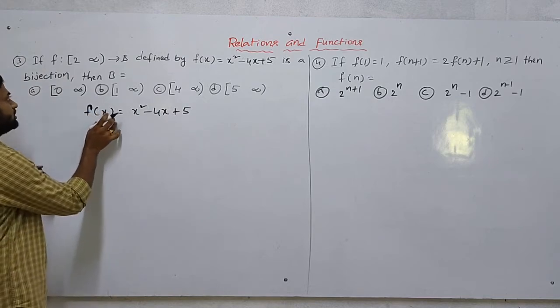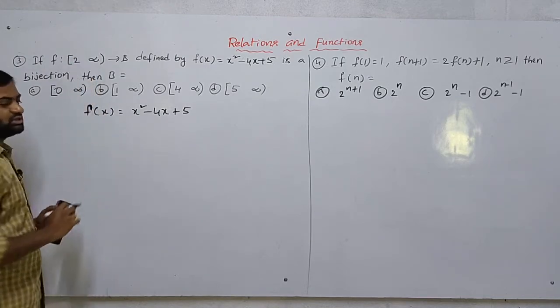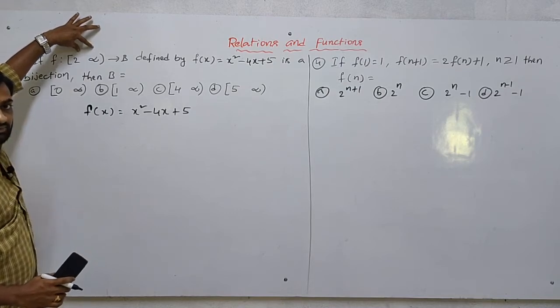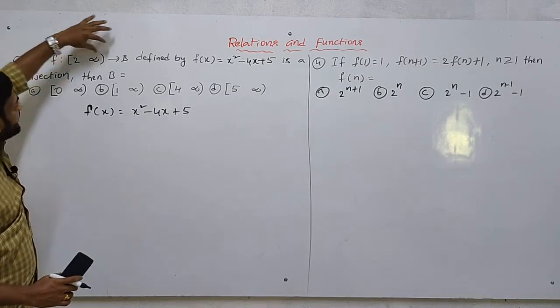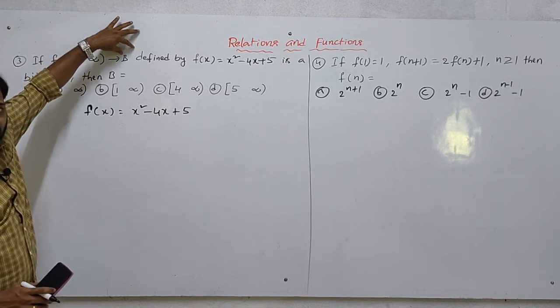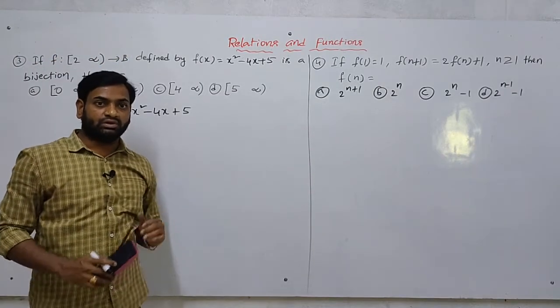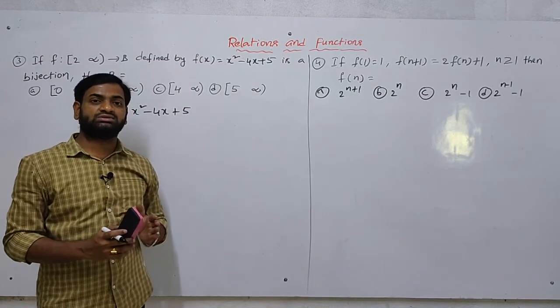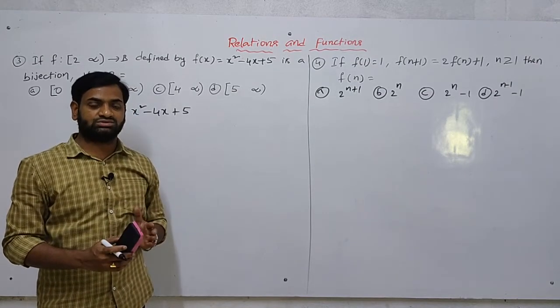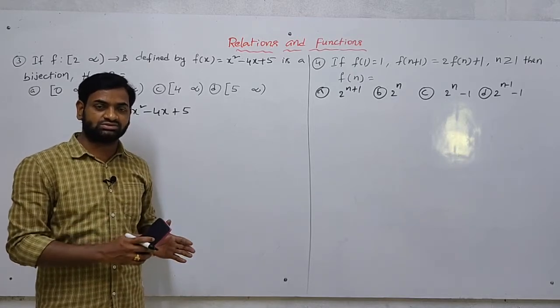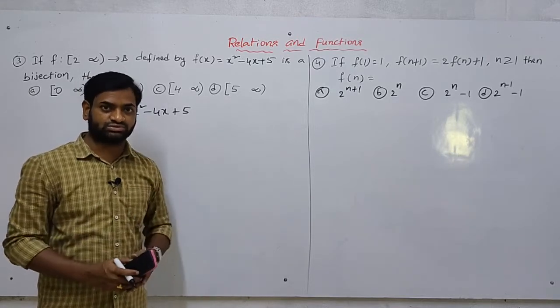In this one, first I am taking these as the x values. Remember this one, it is the domain. These are the x values and B is the f of x values. Always remember, range is nothing but the f of x values. Domain is x values, range is f of x values.